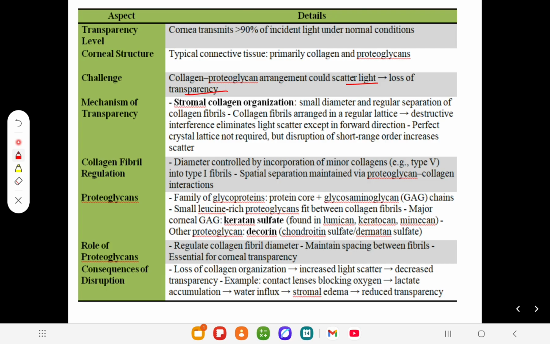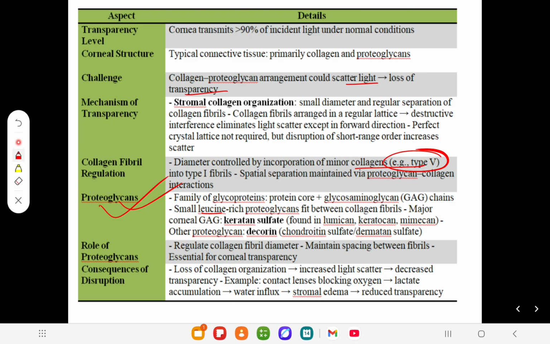So the mechanism of transparency is stromal collagen organization and the small diameter and regular separation of the collagen fibers. That's what we are talking about. What happens when diameter is controlled by incorporated minor collagen? I have already talked about type 5 collagen, isn't it? So what do proteoglycans do? They are a family of glycoproteins, protein core plus glycosaminoglycan chains, small leucine-rich proteins.